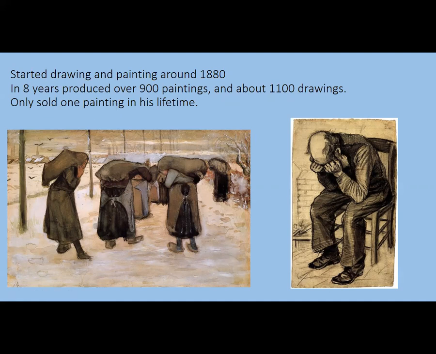And in a very short period of time, he did over 900 drawings and 900 paintings, 1,100 drawings. He only sold a single painting in his entire lifetime, and that was to his brother, although he didn't know his brother Theo, who also ran a gallery, bought it from him.